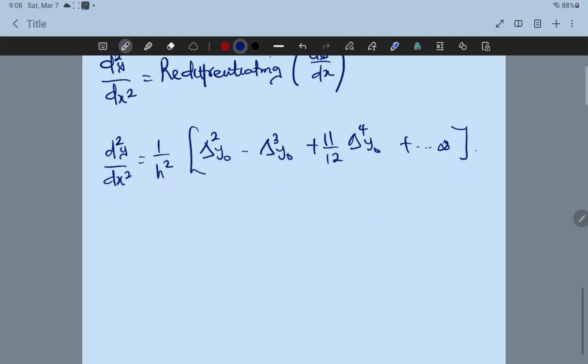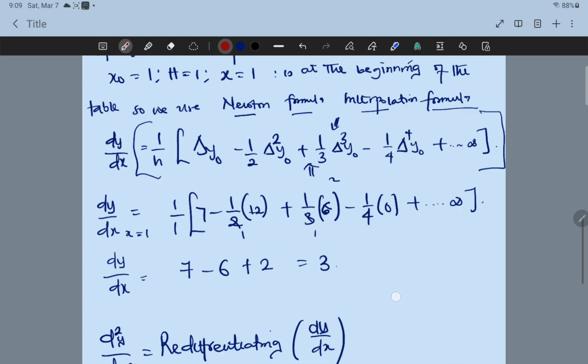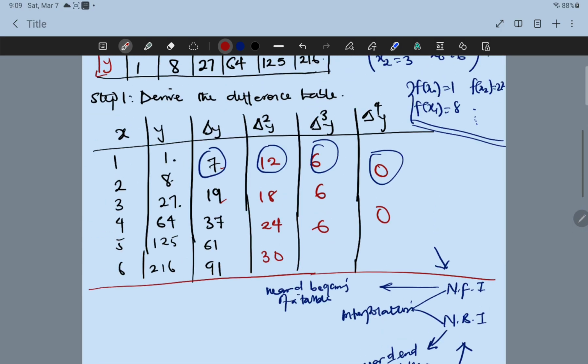All right, so now let's plug in the values. We have d squared y over dx squared is equal to 1 over 1 squared into the bracket of 12. We all know that delta squared y0 is 12. From our table, I told you we are picking the first values.